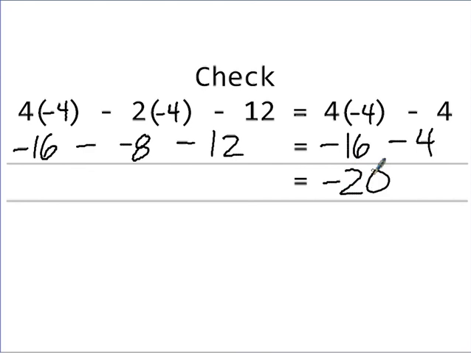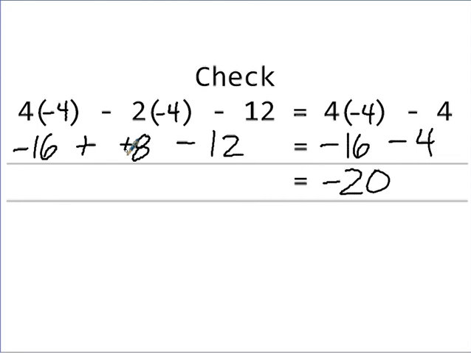On the left side, I have negative 16 minus negative 8. When I subtract a negative number, when I'm taking away the opposite of 8, it's really like I'm adding a positive number. So negative 16 plus positive 8 brings me to negative 8.